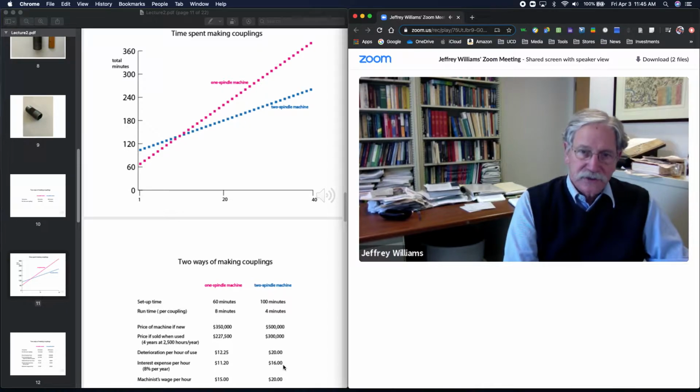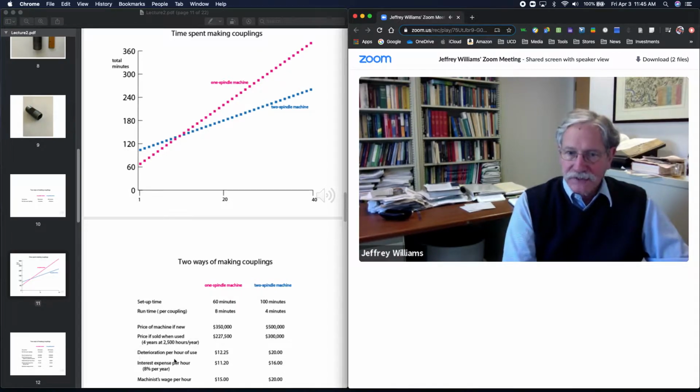When the machine is actually being used, not just being set up, the machine is wearing out. And I've captured that by saying after 4 years, the machine would be sold for $300,000 if it's a two spindle machine, and $227,500 if it's the one spindle machine.